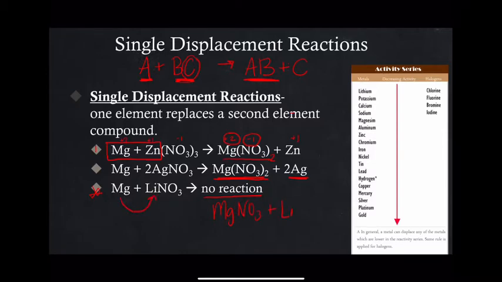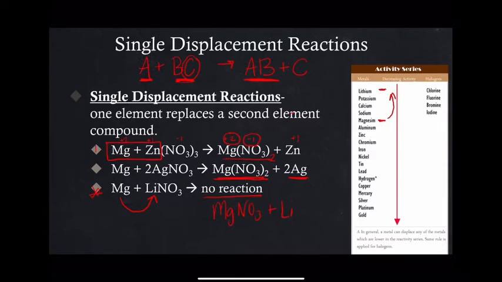Magnesium would basically displace lithium, okay? But if you look on here, magnesium is here on the list. Lithium is here on the list. So an element can't displace something that's higher than it. Magnesium cannot displace lithium, okay?